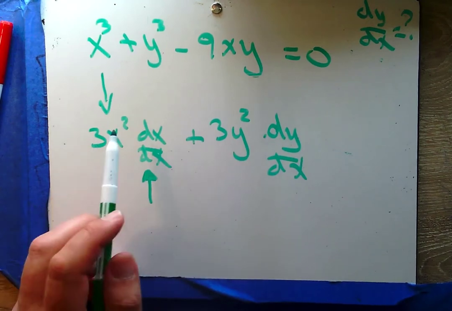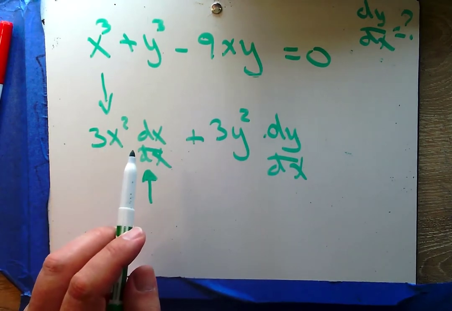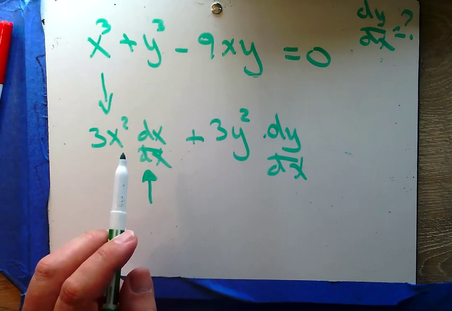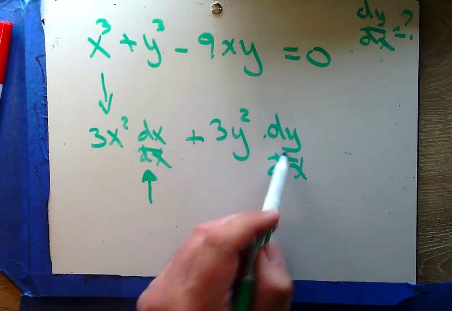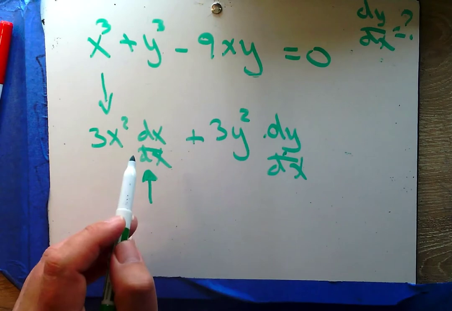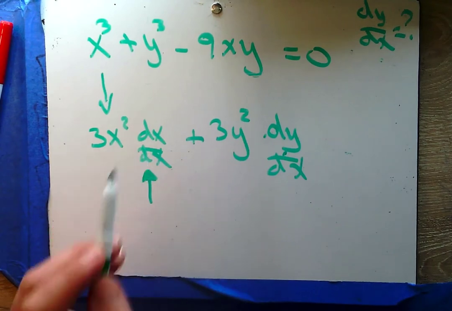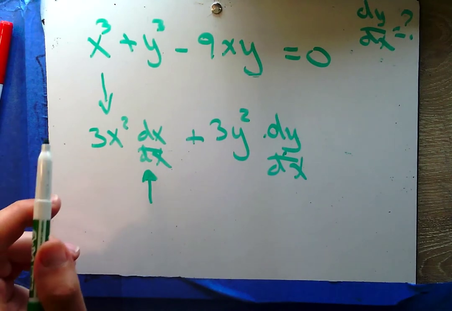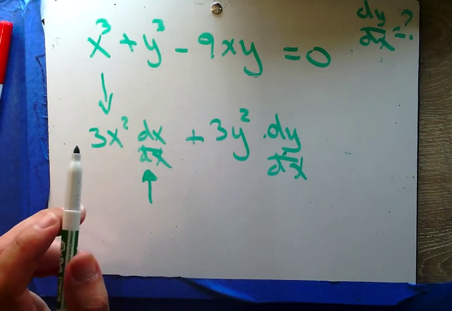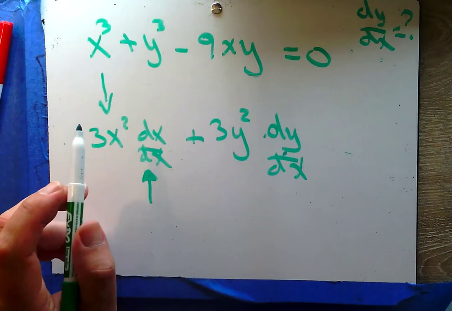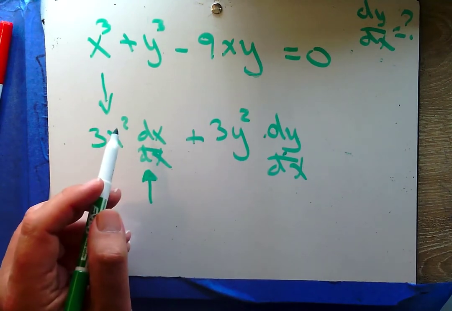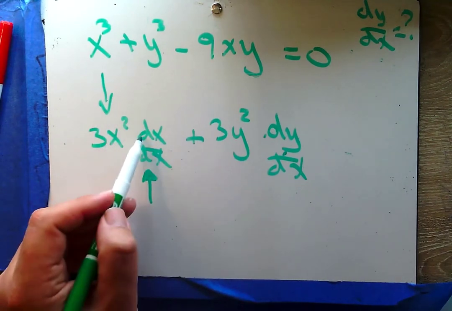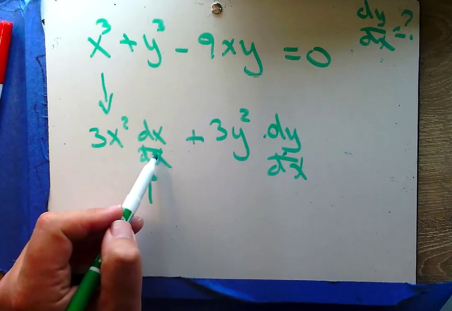But I think it's really useful in this conversation to think about this not being strange, because this is what I'm really doing. I'm really doing chain rule here. I know in your brains you're doing power rule and bringing down that power and subtracting 1. But I'm thinking about chain rule here, and I'm thinking about the derivative of the inside with respect to x.